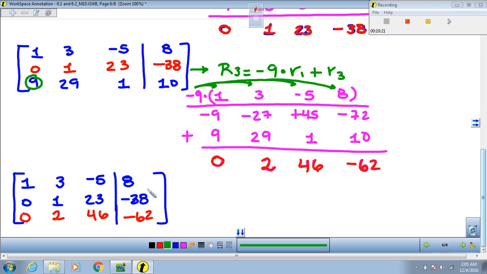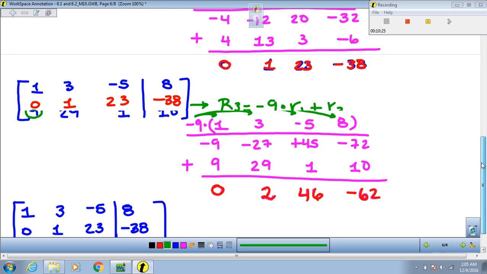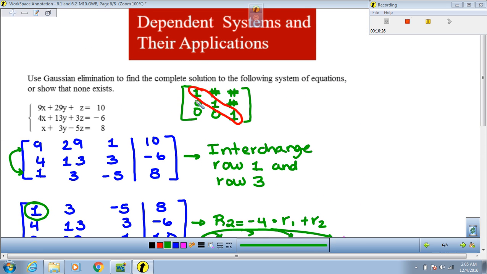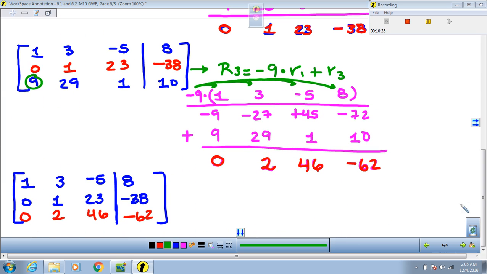So now if you go back to what it is that we're trying to do, it's 1, 0, 0 in the first column, a 1 in the middle of the second column, and then a 0 underneath that 1. And if you observe, we already have a 1 in the second column in the middle. Not that we tried to make it, but it's already there.